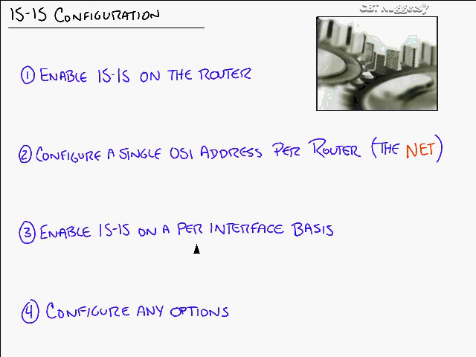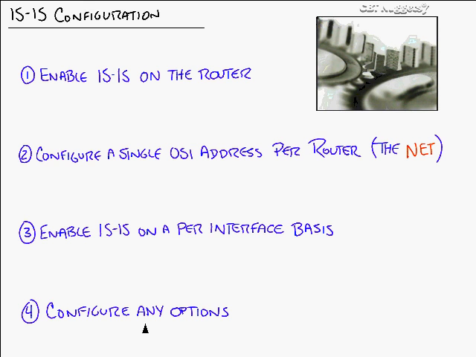I wish we could move that to an interface mode, because that would allow us to go under each individual interface, Ethernet 0, Serial 0, whatever, and just turn on the routing protocol. And that way you know exactly what interfaces are running ISIS and exactly what interfaces will be included in the routing table.